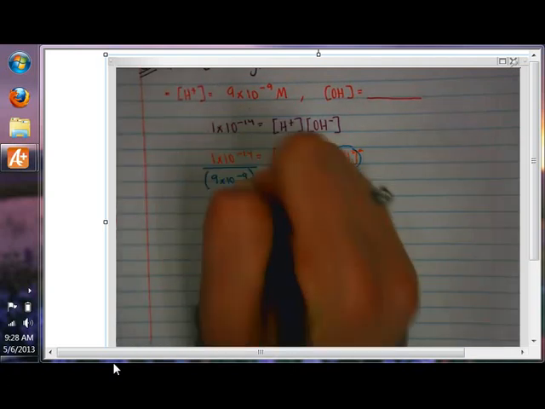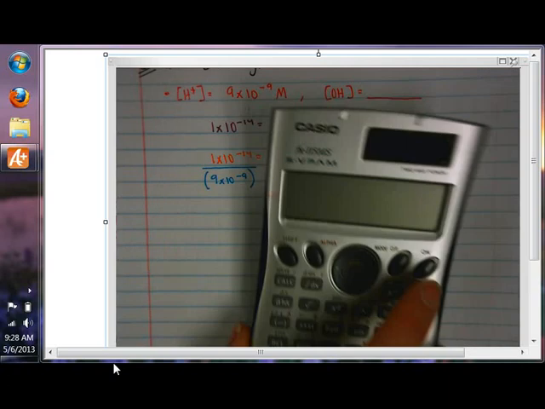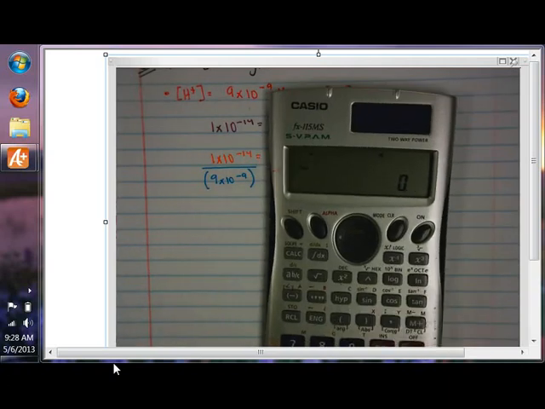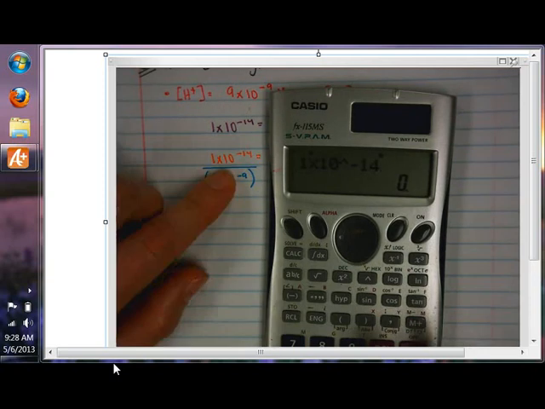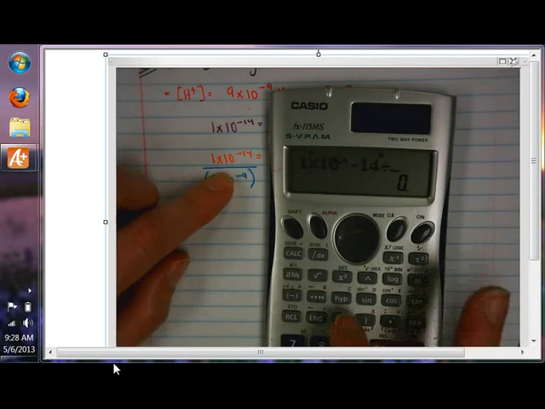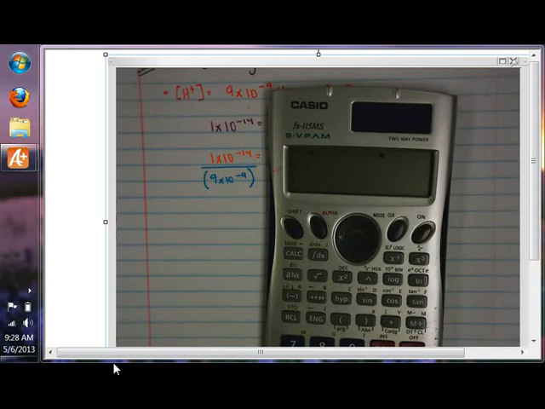That cancels out. Now, you need to make sure when typing this into your calculator, you input the parentheses. So let me show you how I do this. I'd say 1 times 10 raised to the negative 14th, divided by, open parentheses, 9 times 10 raised to the negative 9th, close parentheses.